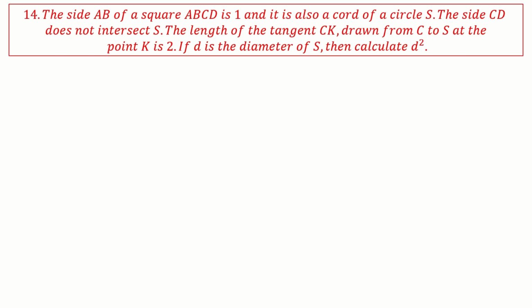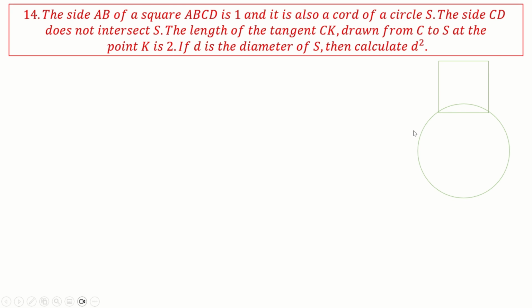First draw the diagram. You have a circle drawn where one side of the square is a chord. Can you have this square inside the circle? Then you cannot draw a tangent, first thing. Now I can draw a tangent from here, and this length of tangent is more than the side: the side is 1, the tangent is 2.